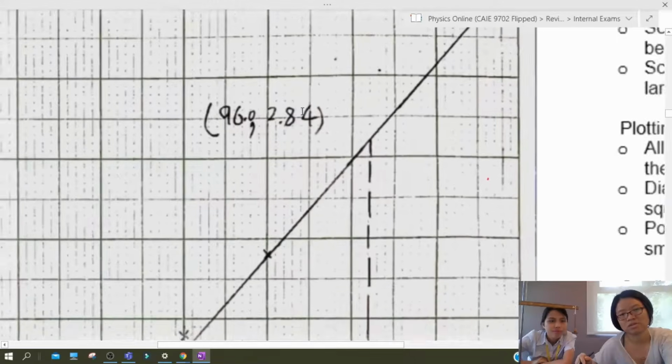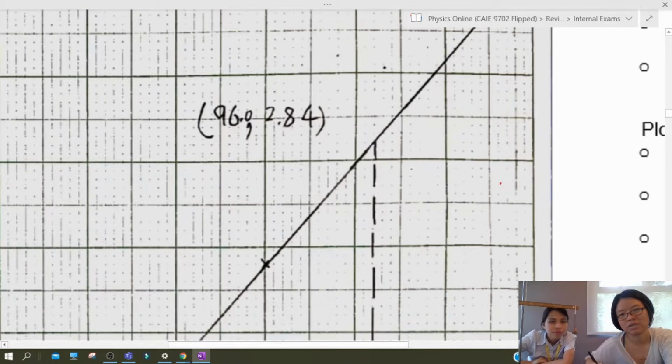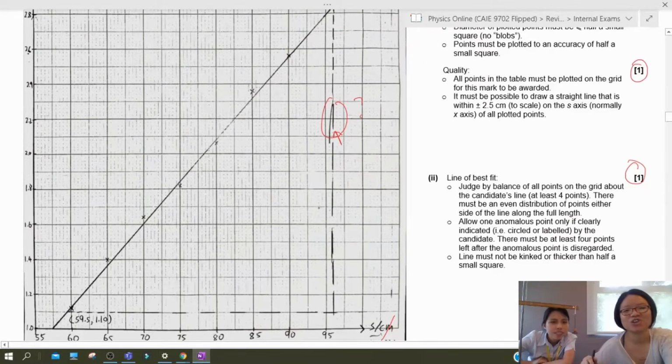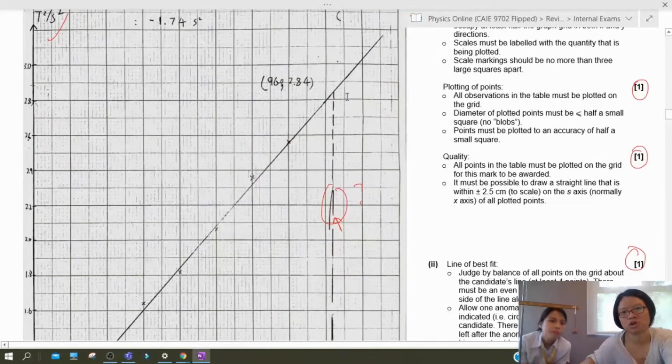What the examiner will do is zoom in and check this reading. So my suggestion is never take this and put here. Your triangle coordinates, the coordinates of your gradient, should be on the line but not a plot.